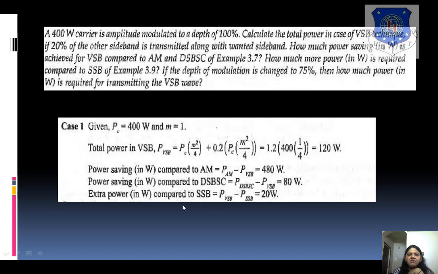So power saving compared to AM is equal to PAM minus PVSB, which is 480 watt. Power saving compared to DSB-SC is equal to PDSB-SC minus PVSB, which is 80 watt. The extra power compared to SSB is equal to PVSB minus PSSB, which is 20 watt.